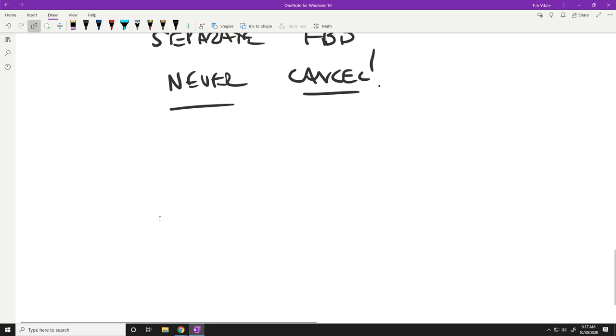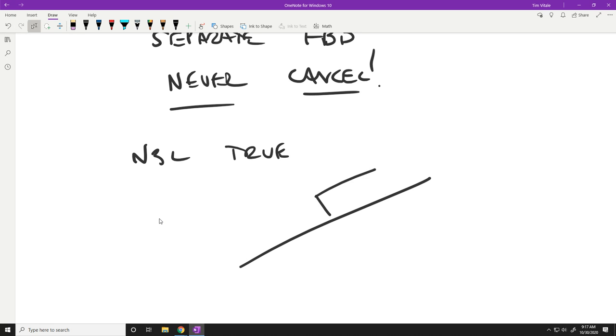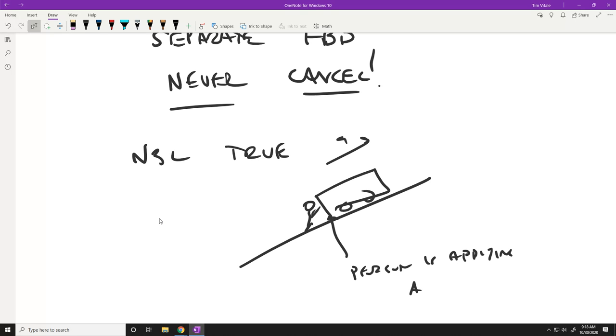The last thing I'll say before I answer Nanda's question is Newton's third law is always true. So if somebody's like, oh, I'm pushing a car up a ramp and we're accelerating up the ramp, right? And you're like, oh, definitely the person is applying a bigger force on the car than the car is pushing back on him, right?